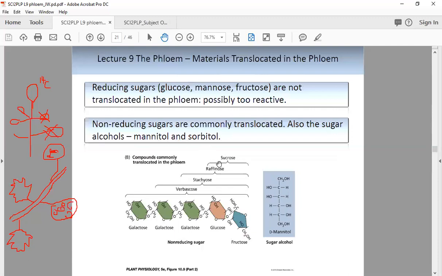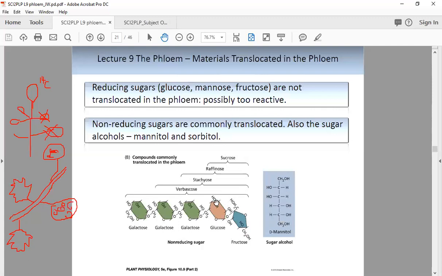So we know that the most common non-reducing sugar that's translocated is sucrose. And we have one of the sugar alcohols shown here. This is mannitol. And this is the product of the reduction of mannose, which forms mannitol. Okay, so also what's shown here is sucrose, of course, which is 1 fructose and 1 glucose.